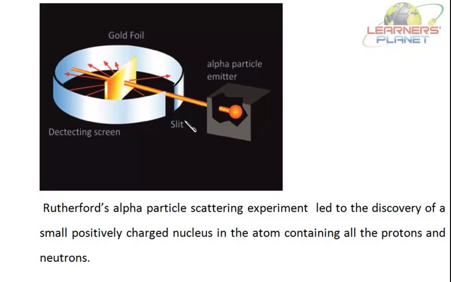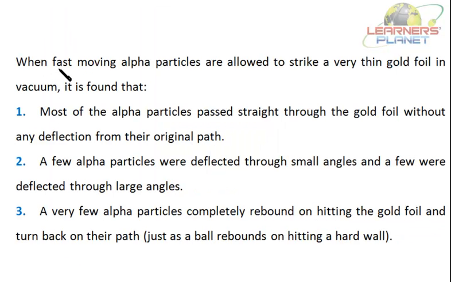Now how did he deduce this conclusion, or what were his observations? Let's study that. When fast moving alpha particles were allowed to strike a very thin gold foil in vacuum, he found that most of the alpha particles passed straight through the gold foil without any deflection from their original path.